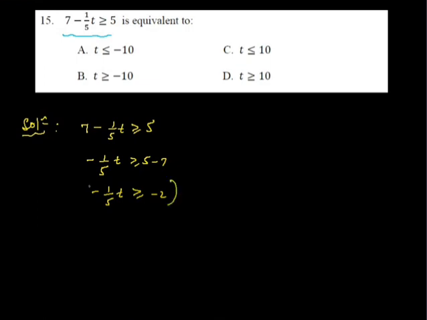አሁን ኢኒኳሊቲያችንን በኔጌቲቭ 5 እናበዛለን። So this becomes positive 5 over 5 t is less than or equal to minus 2 times minus 5. ኢኒኳሊቲያችን ሳይኑን ይቀይራል በኔጌቲቭ ስላበዛን። So negative 5 times negative 1 over 5 is positive 5.